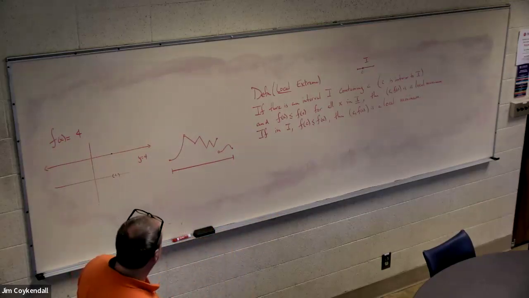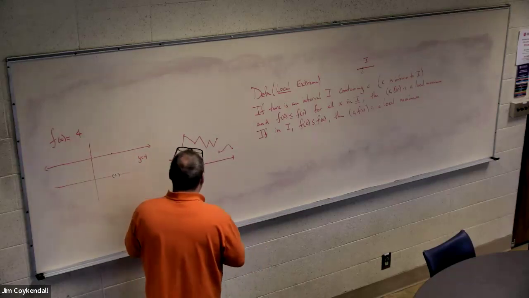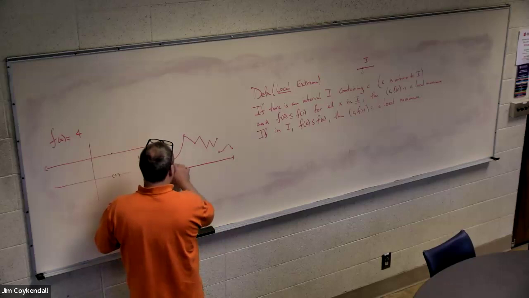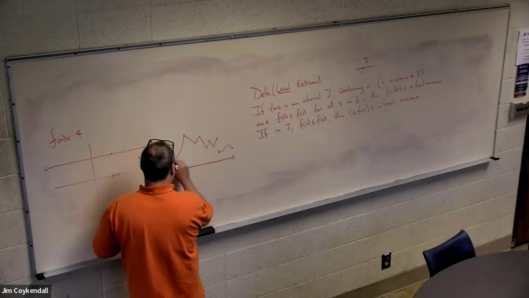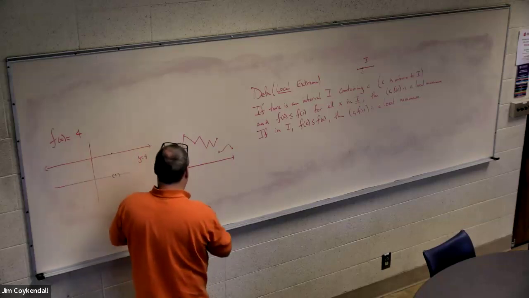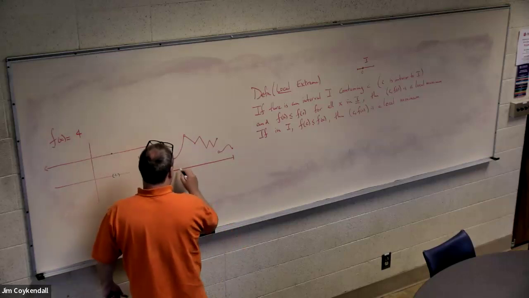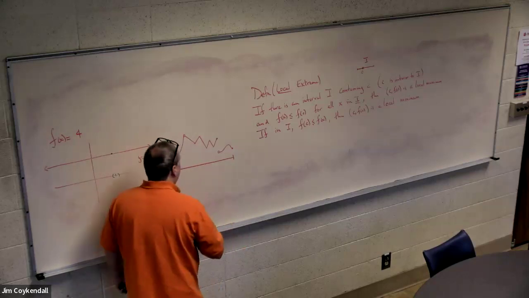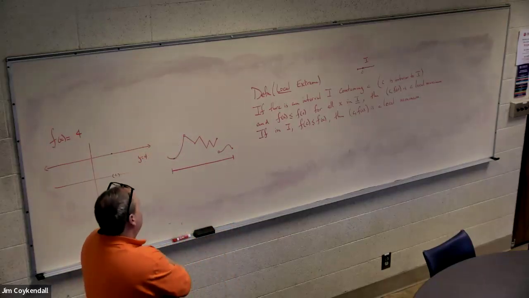Okay, let's see. I would think right here, I'm going to mark it black. Local minimums. How many local minimums do you see?